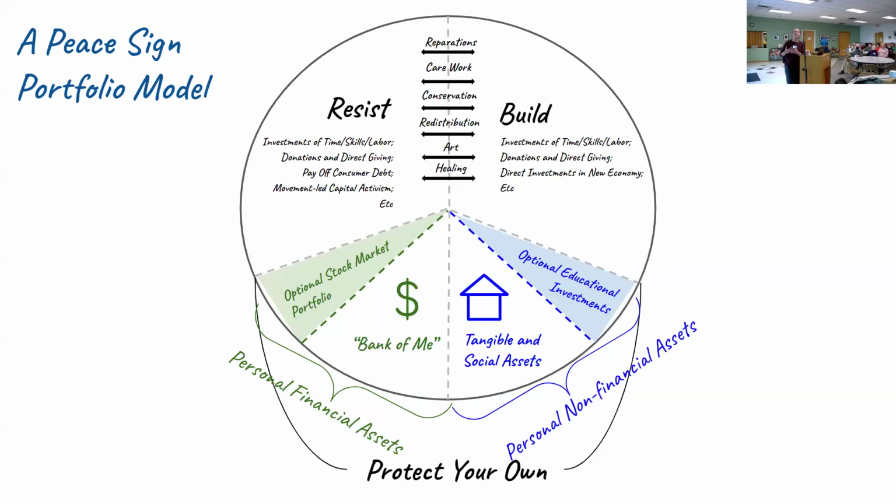It's a lot more about investments I'm making with my time, with my skills that I'm building up and contributing to the world, my labor, my work, and maybe donations and direct giving can be part of this. And something that you will notice, or I certainly do, when I start thinking about how I'm investing in these parts of the Peace Sign portfolio model, is that the boundaries get particularly blurry.